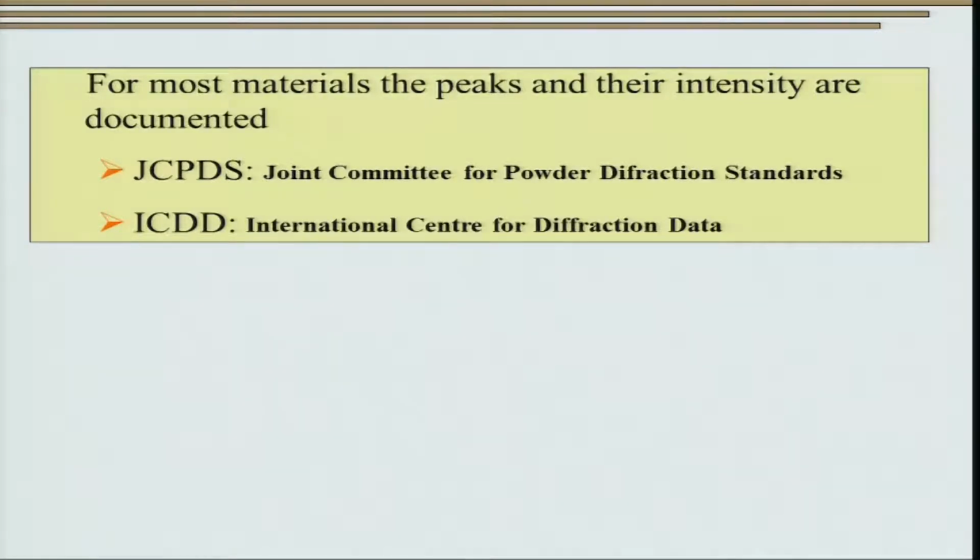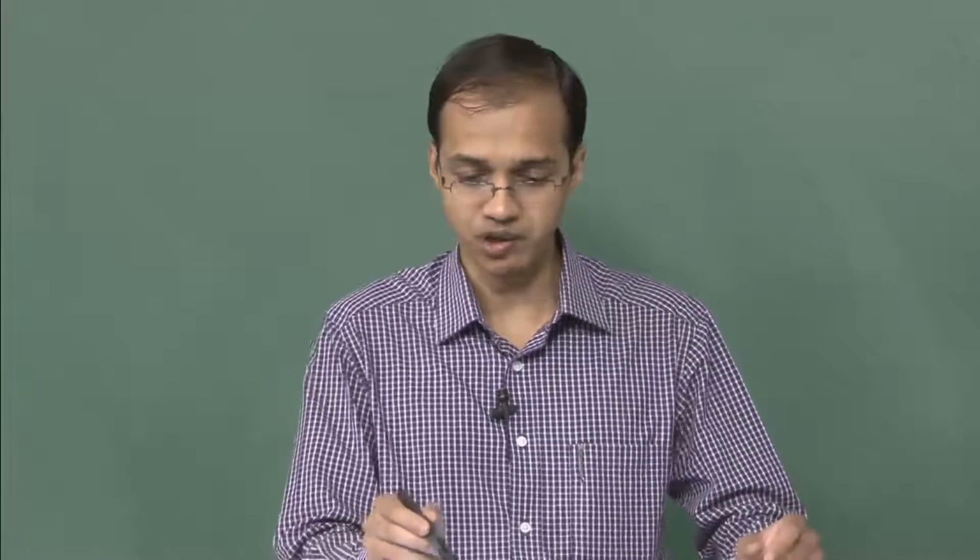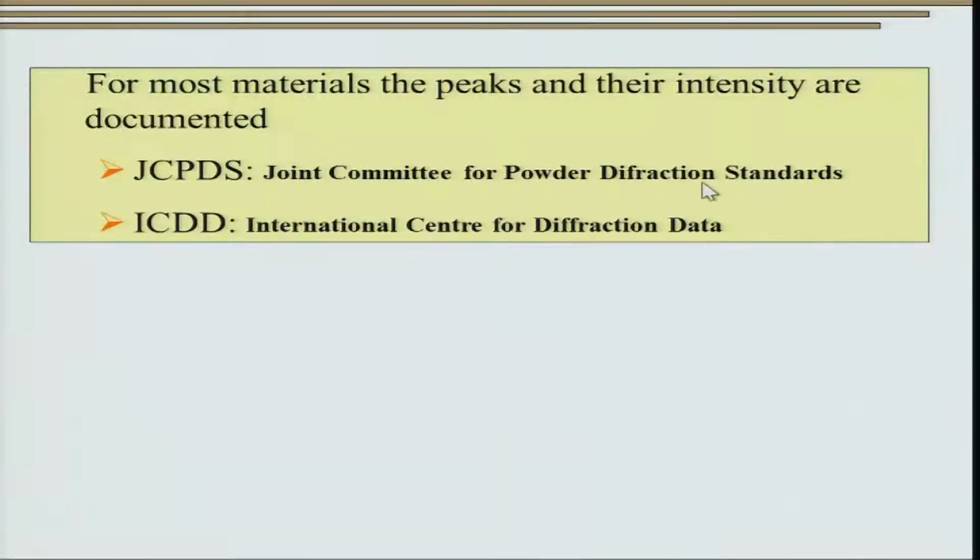So, all the peaks in the diffractogram can be indexed manually, and then we can go back and compare them with a lookup table. The earlier lookup tables, which comprised the whole database, were maintained by the Joint Committee for Powder Diffraction Standards.